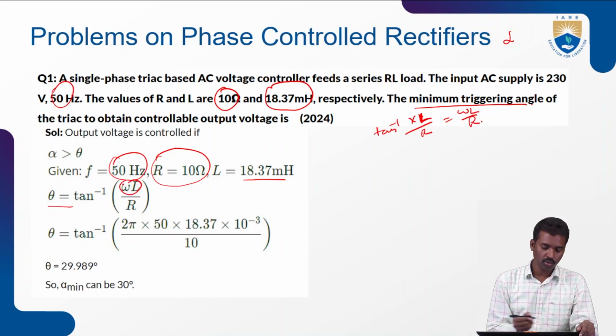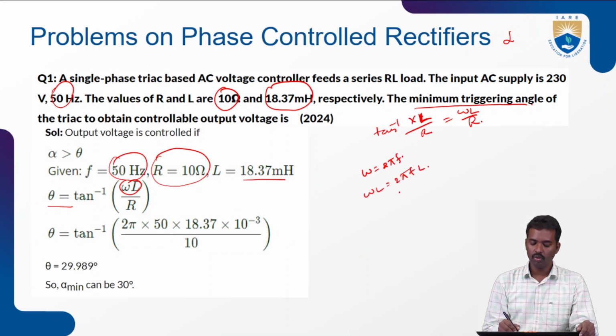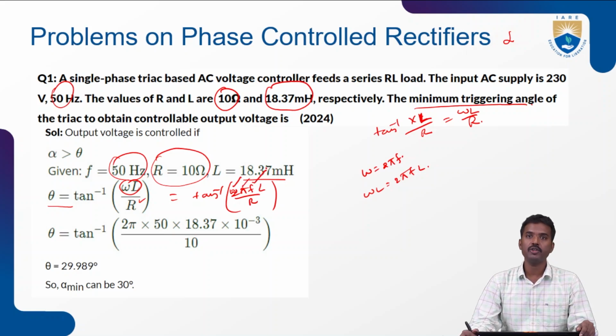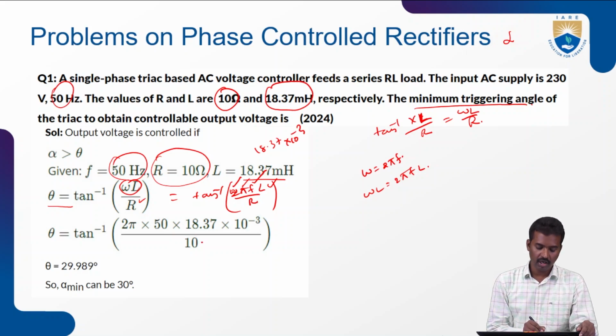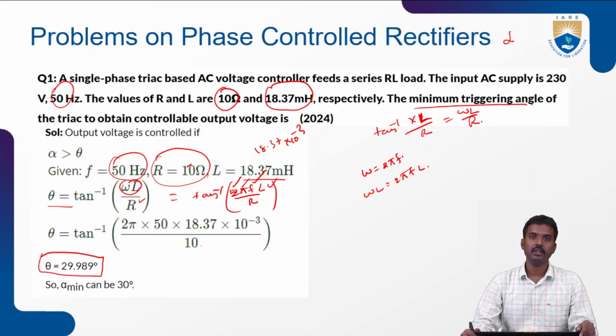What do we mean by omega? Omega equals 2 pi F, so omega L equals 2 pi F L. Theta equals tan inverse of 2 pi F L by R. Substituting 2 into pi into 50 Hz, and L is 18.37 into 10 power minus 3 henries, divided by resistance R of 10 ohms, the value of theta is 29.989 degrees.